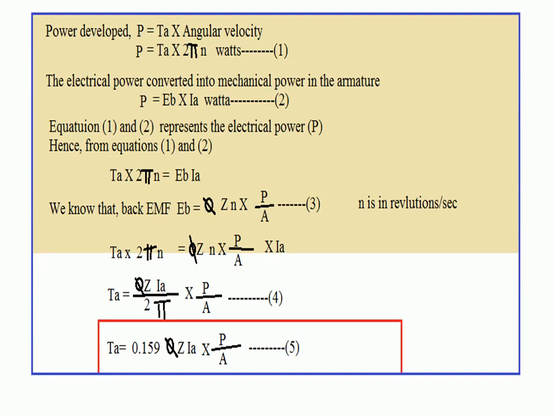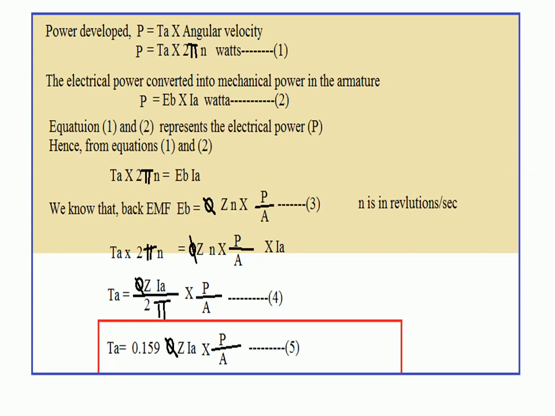The electrical power converted into mechanical power in the armature is given by EB into IA. That gives equation 2. Both equations 1 and 2 represent the electrical power developed in the armature in watts. Hence, by equating these two equations, TA into 2 pi n equals EB into IA.